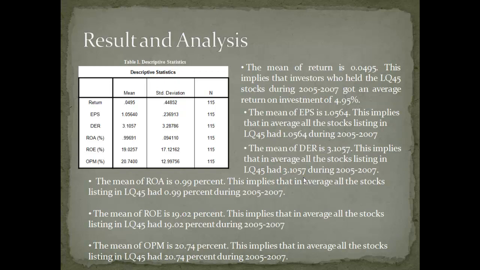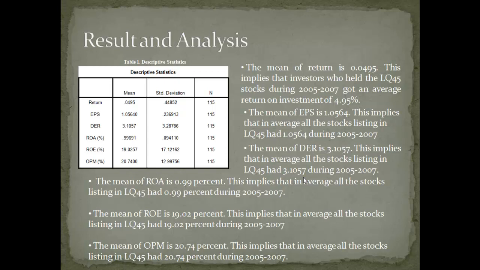This implies that on average all the stocks listed in LQ45 had 0.99% during 2005 until 2007. The mean of ROE is 19.02%. This implies that on average all the stocks listed in LQ45 had 19.02% during 2005 until 2007.